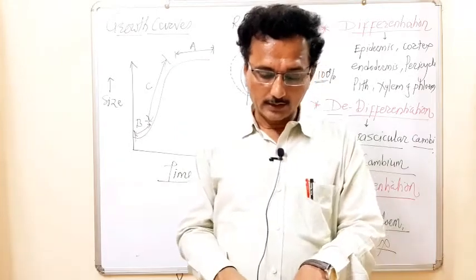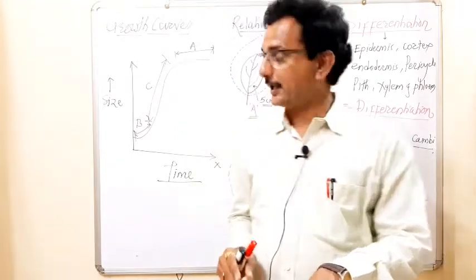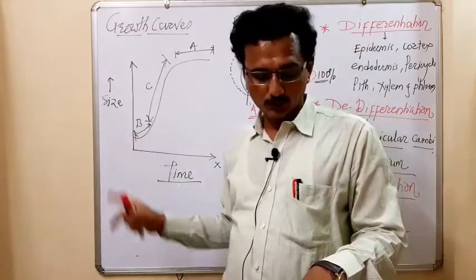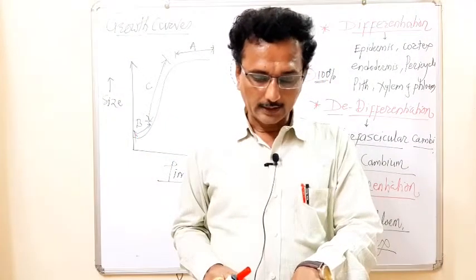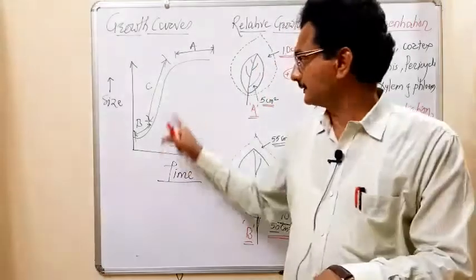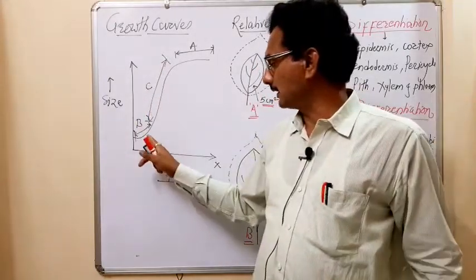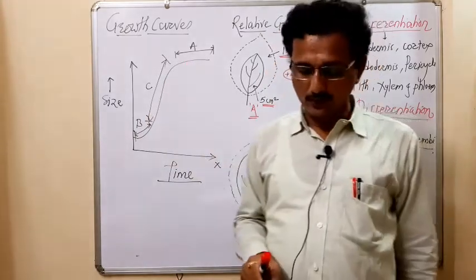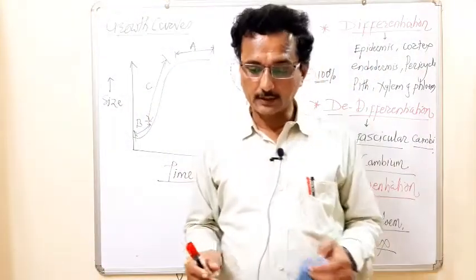Then the B site is a lag phase, where the growth is very slow. Then the C site is a log phase. This is a lag phase, this is a log phase and this is a stationary phase. So the second option is your correct answer.